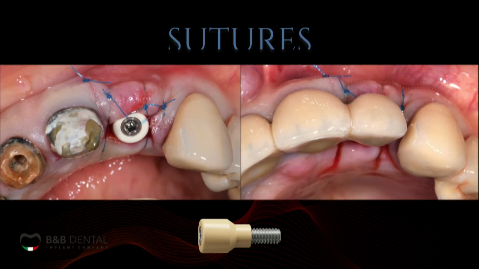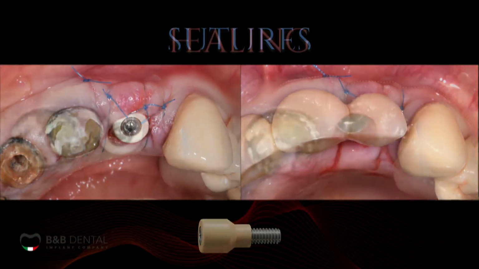And you go into the chronometry, and then you will feel the second stop. That is the stop that you have to reach when you use the peek healing abutment in this kind of implants.